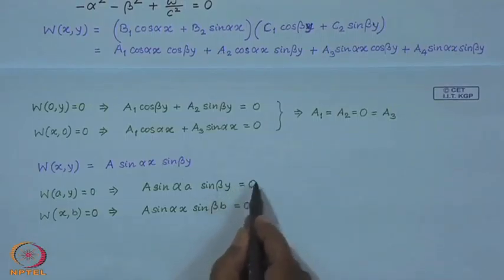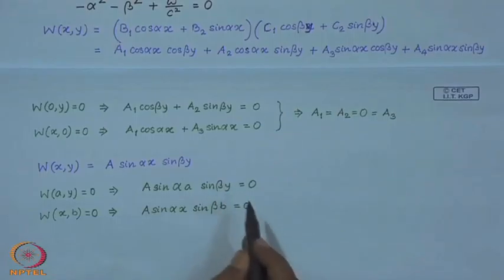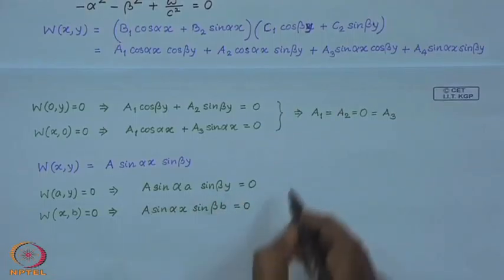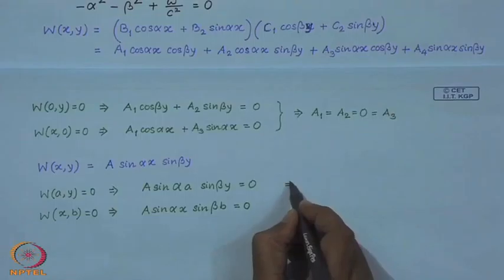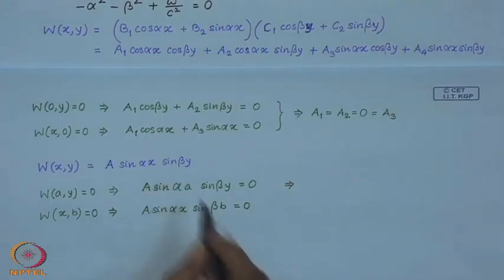Now again this condition should be valid for all y and this condition should be valid for all x. So this should imply that sin of alpha x should be 0, since a cannot be 0.